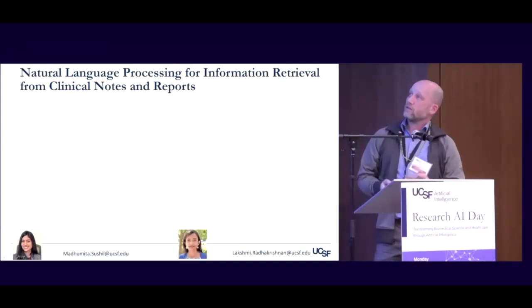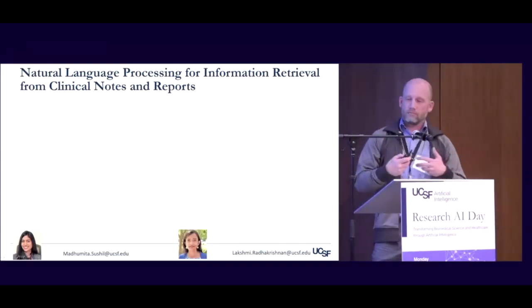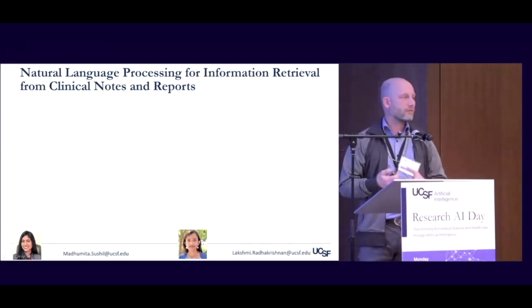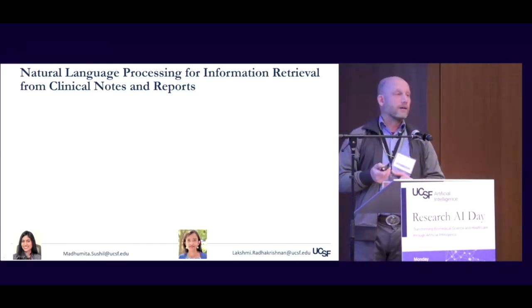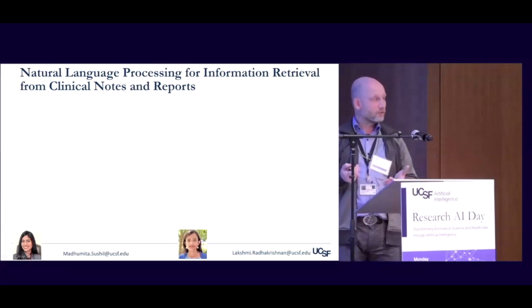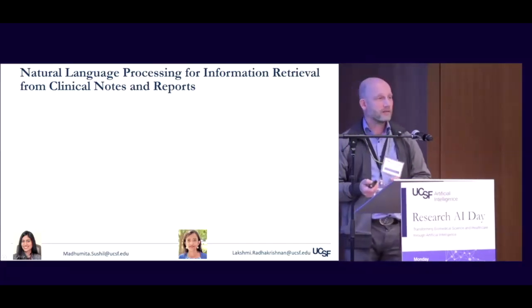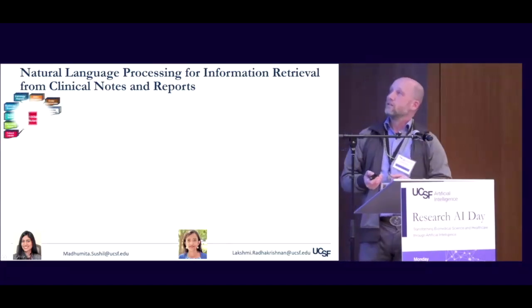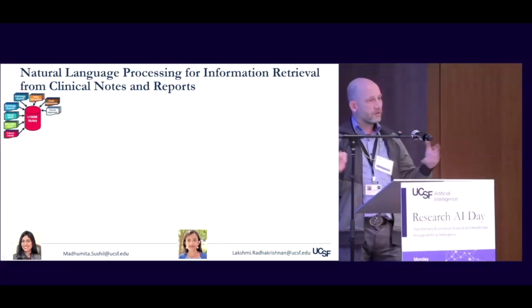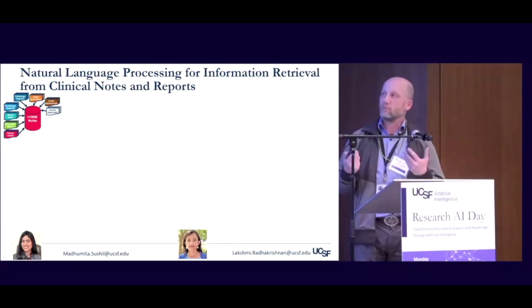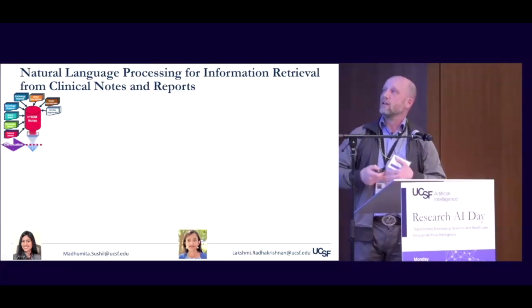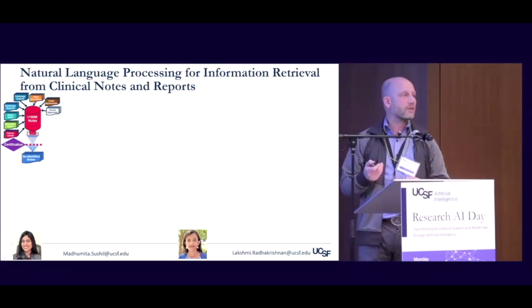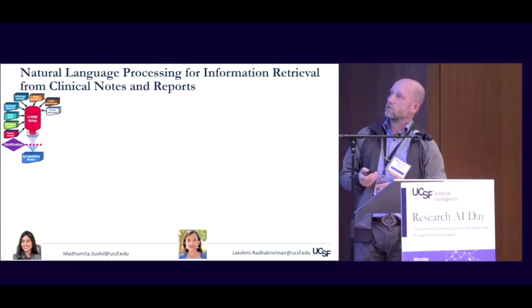Natural language processing is useful, has been around for a couple of decades now, and we know that there are LLMs out there. I'm going to show you how useful traditional approaches are that are rules-based, but also how machine learning and AI-based approaches can be. So what we've done at UCSF, we've collected all the clinical notes and the reports that you can find in the EHR, and then we de-identified them with a certified, approved de-identifying algorithm that's called Philter.